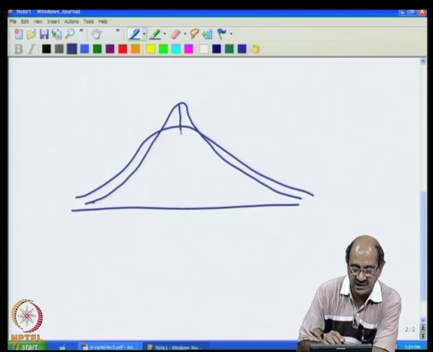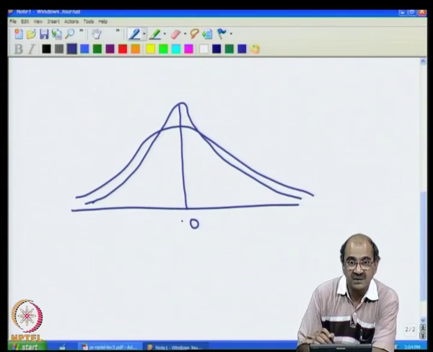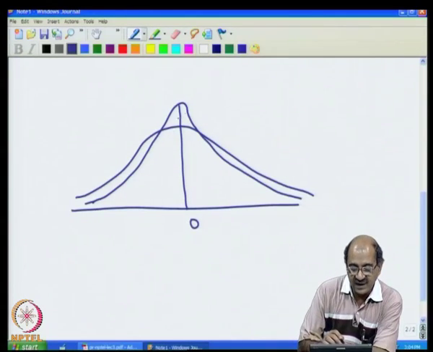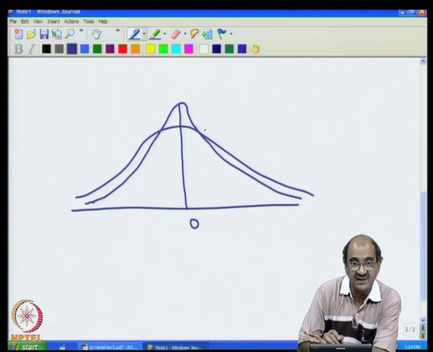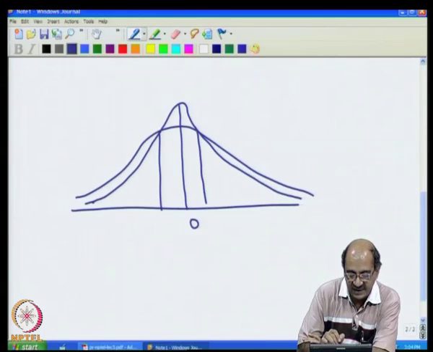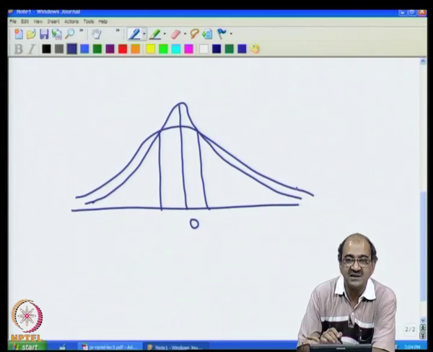Because both the means are the same, we assume them to be 0. The one that has larger variance will be lower at 0, so it will cut the other one on either side symmetrically. So from this point to this point, when x is between these two, this class conditional density is larger. At all the other places, the other class conditional density is larger.